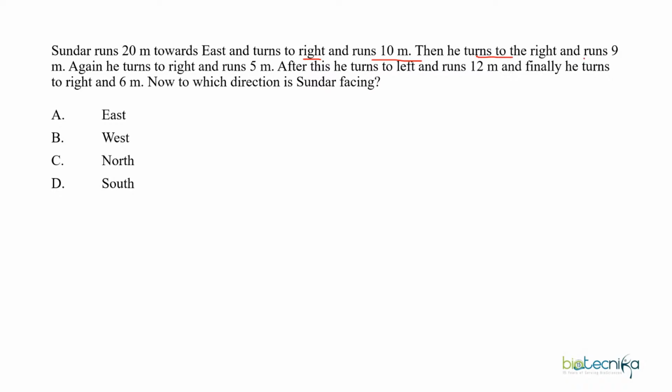Then he turns to right and runs 9 meter. Again he turns to right and runs 5 meter. After this he turns to left and runs 12 meter. And finally he turns to right and runs 6 meter. Usually in this case, unless a bull chases him from behind, he doesn't have to take so many turns, right? So in this particular question it is asking which direction Sundar is facing. So guys, quickly analyze the question, draw the diagram and tell me which option is the correct one.